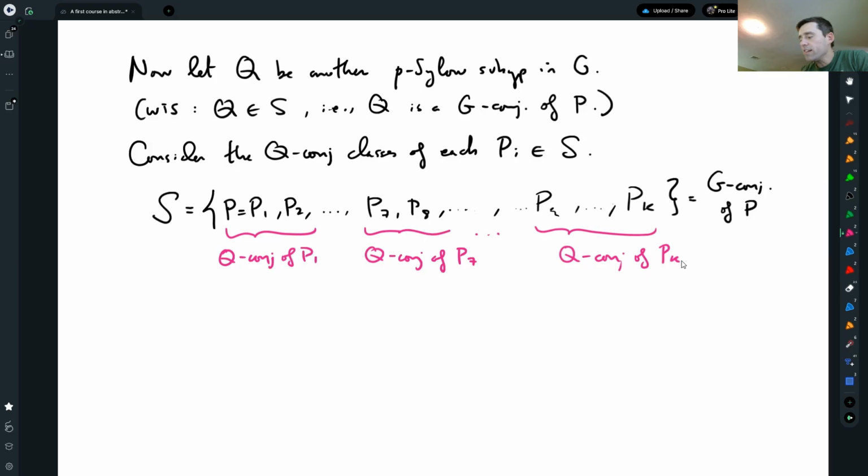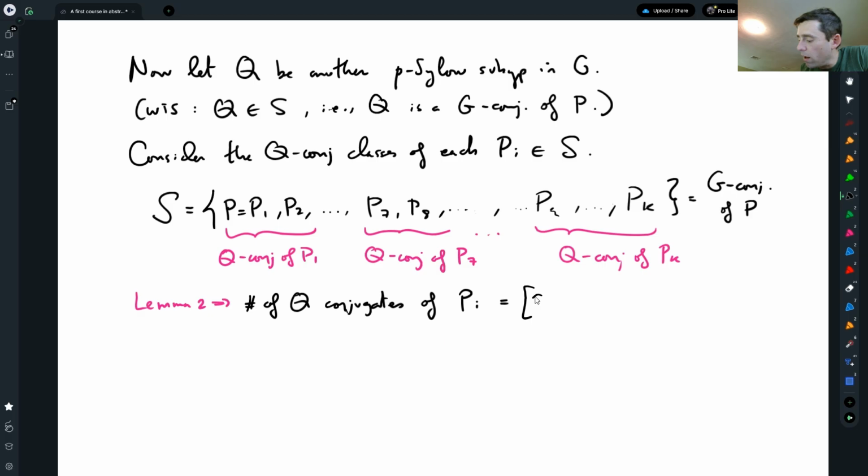Okay, so what is the size of each one of those orbits? How many Q conjugates are there of P1, say, or of P7, say? We have a formula for that. Lemma 2 in our video here tells me that the number of Q conjugates of Pi is given by the index of the normalizer in G of Pi intersect Q, in Q. That is given exactly by that formula.